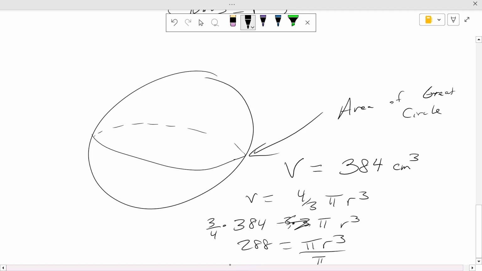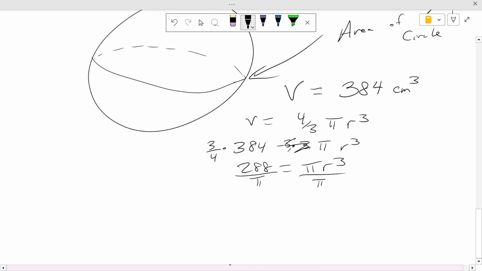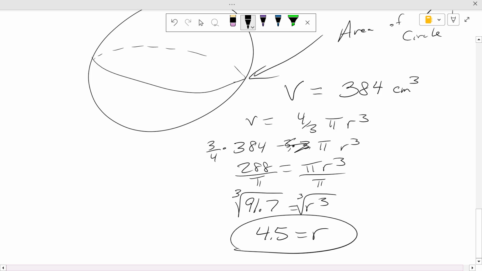Divide by pi on each side. Going to be 90 something. 91.7 equals r cubed. And then take the cube root of each side. 4.5 is my radius. Okay?